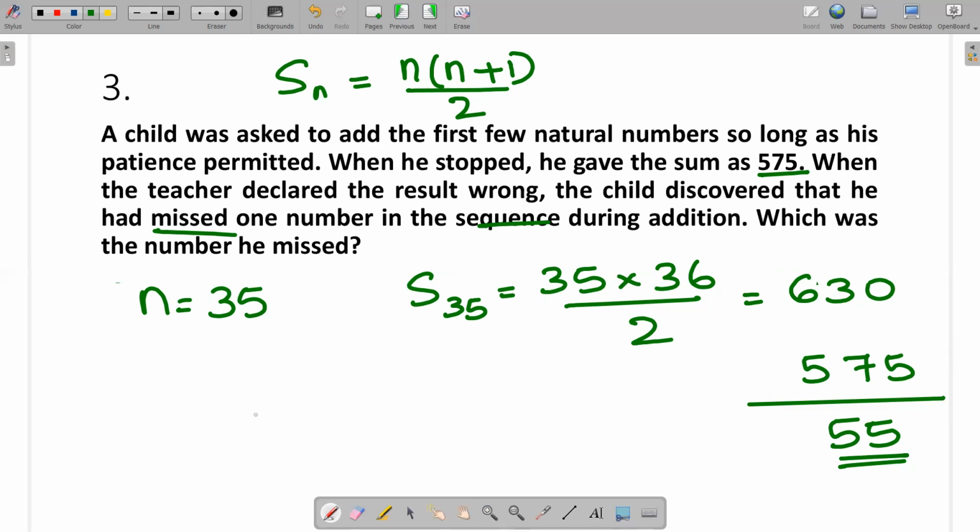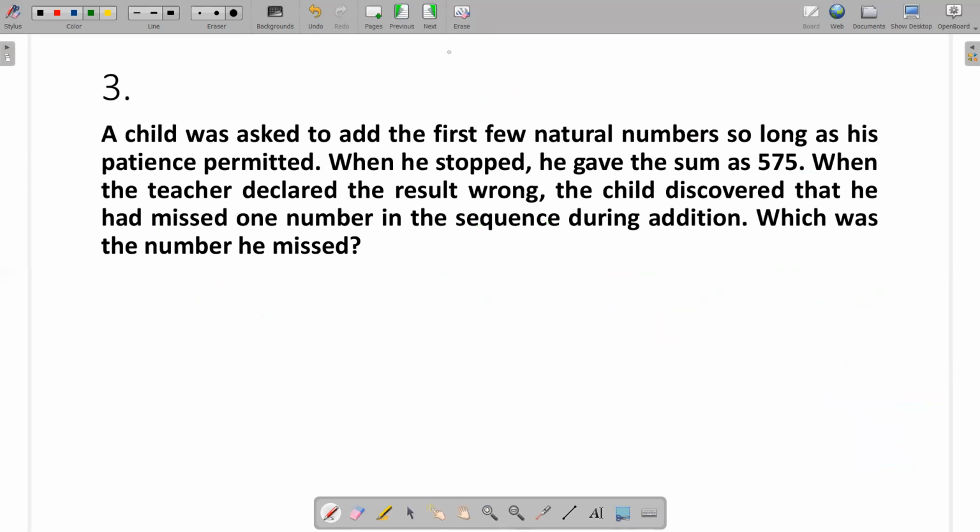He is adding only the first 35 natural numbers, and this number 55 is lying outside the range of numbers under consideration. So we can see that the number of natural numbers under consideration cannot be 35. And we can thus conclude that it can only be 34.